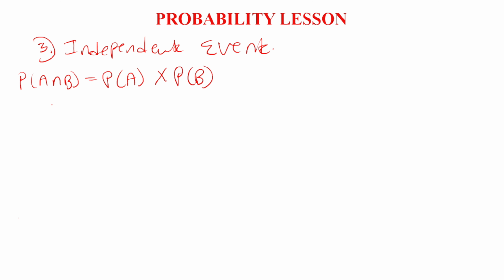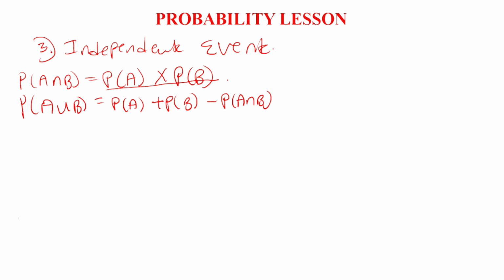So if you want to add this into our main probability formula, you're going to have probability of A or B is equal to probability of A plus probability of B. You can still remember our main formula, minus probability of A and B. Therefore, you would take this and substitute there, and your overall formula is going to be given by this.